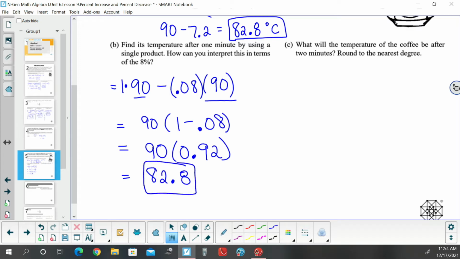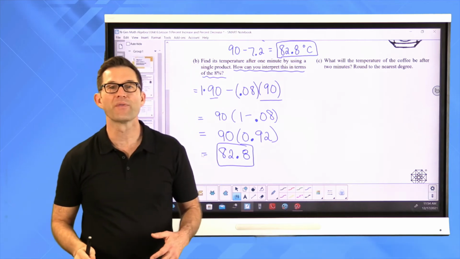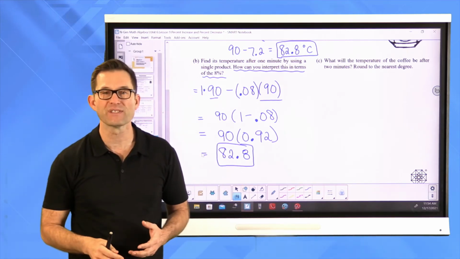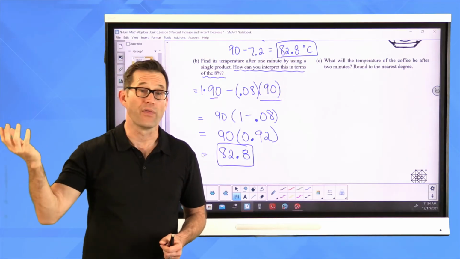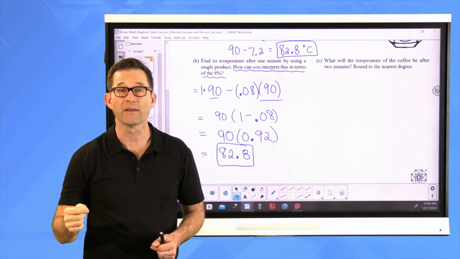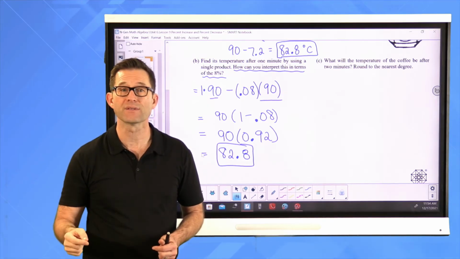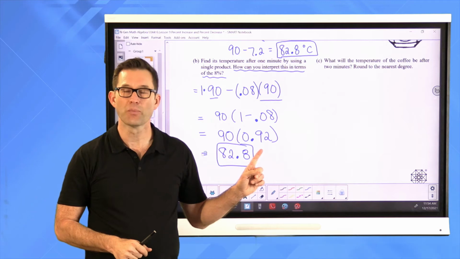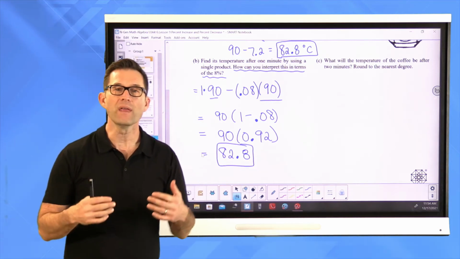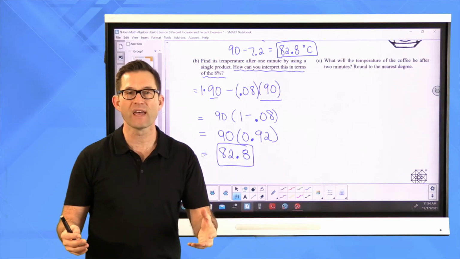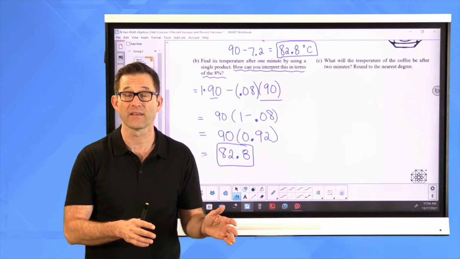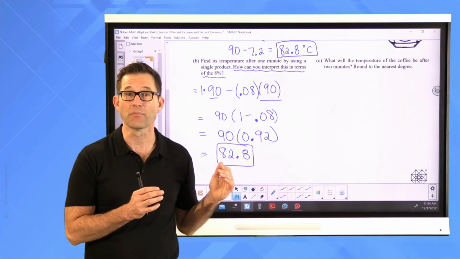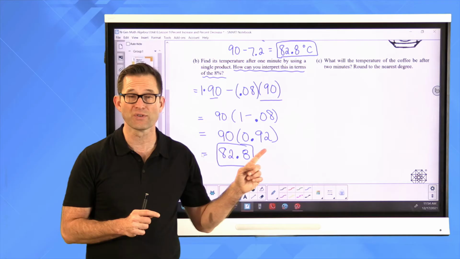Now, one thing I want to talk about is the second part. How can you interpret this in terms of the original 8%? Well, think about it. If I take a temperature, or anything, and I reduce it by 8%, what percent of it remains? Well, 92% of it remains. Remember the increase. When I increased by 6%, at the end, I had 1.06, I had 106%. Here, I decrease by 8%, and I have 92% remaining.